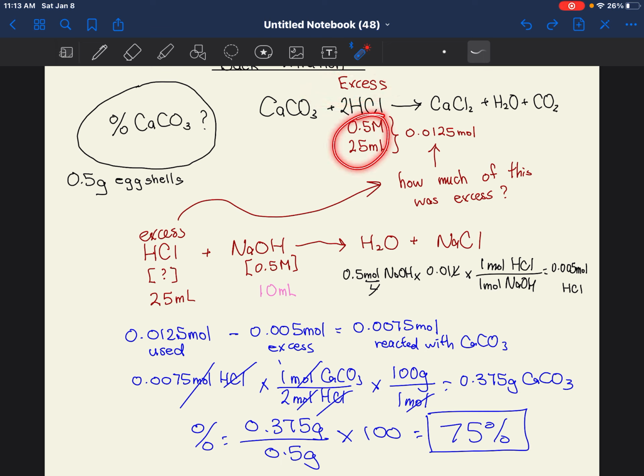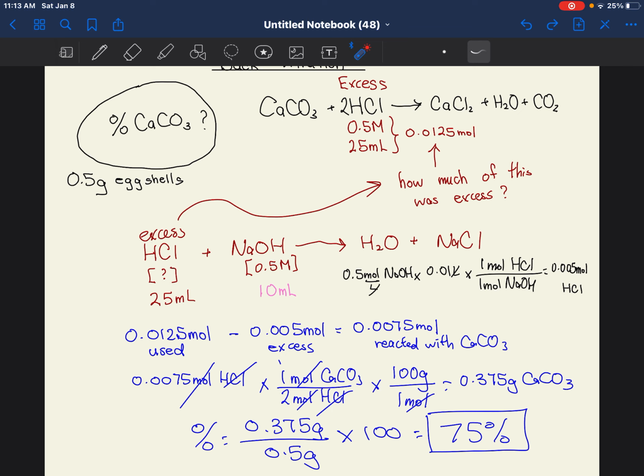So what I did is do some math and note that this concentration and this volume represent that many moles of hydrochloric acid. And when I reacted it with the eggshell, I'm not going to use all of it because it's in excess. Some of it will be used, and some will be left over.